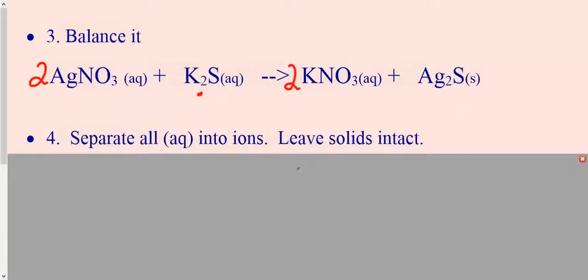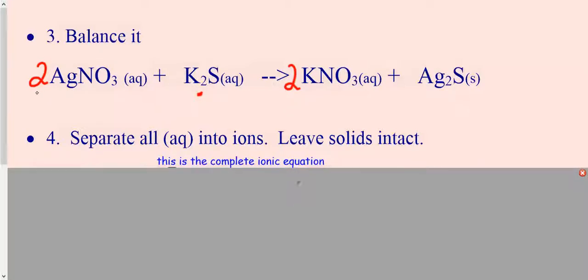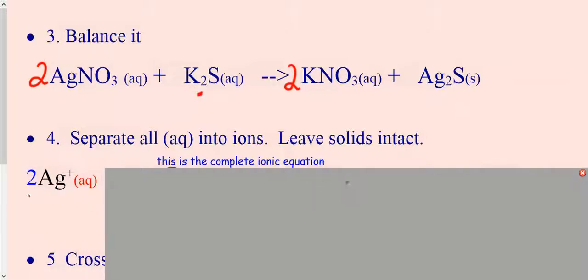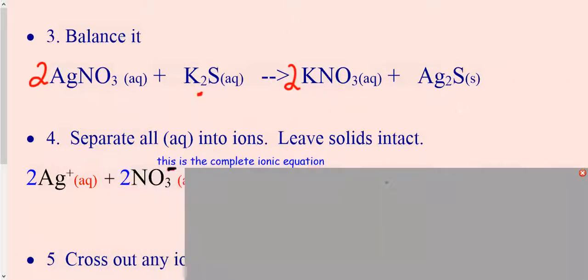Next step, separate all of your aq into the ions. Leave the solids intact. So this is the complete ionic equation. I have 2 silvers, so I would write 2Ag+ (aq), making sure you include your charge there. I also have 2 nitrates, so 2NO3- (aq).